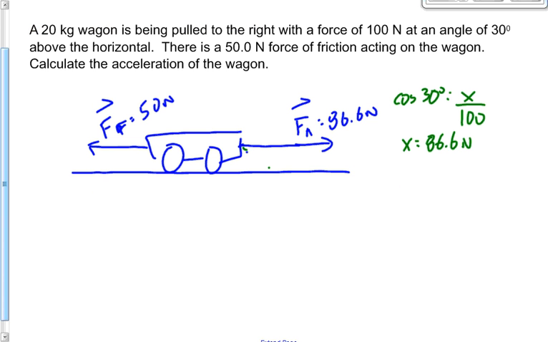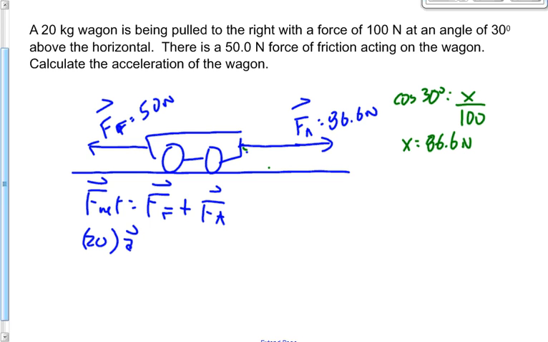Well, now you guys know how to deal with this, right? The net force is equal to the sum of the forces. That's the friction force plus the applied force, or at least the x component of the applied force. The net force is also equal to m times a. That's 20 times a. It's equal to negative 50, because it's to the left, plus positive 86.6 newtons to the right, which is 36.6 newtons.